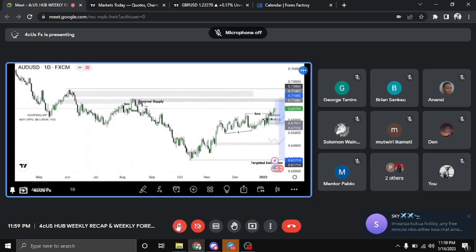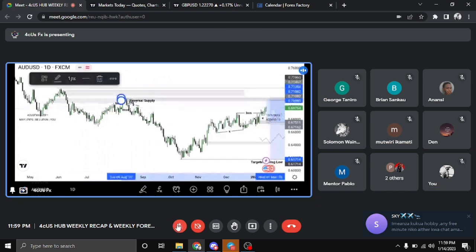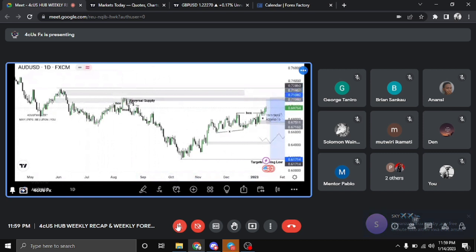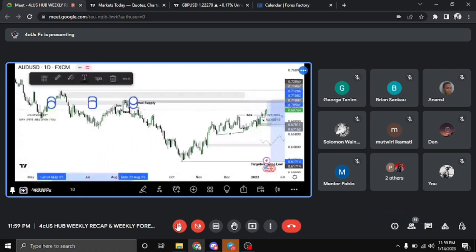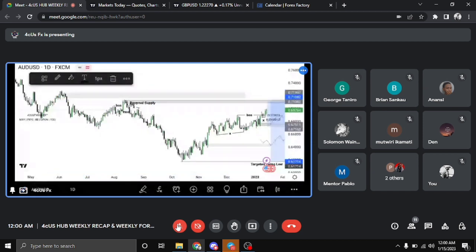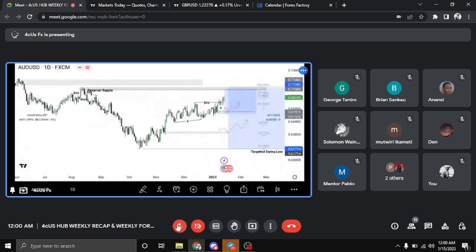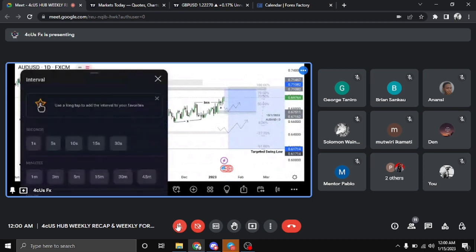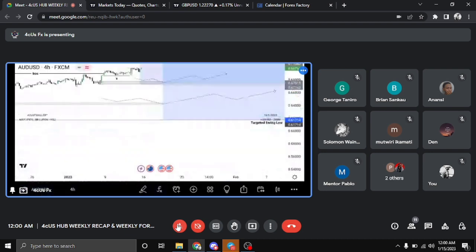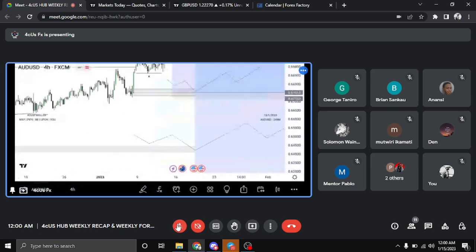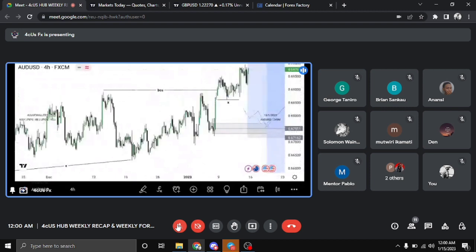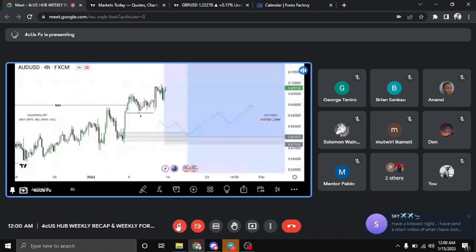Nice. So, one of the reasons nimesema I would choose this supply over this one, hii line nanishow, over this supply. So, there's a buy to sell setup hapa. Hii ni setup nyingine mzuri sana.